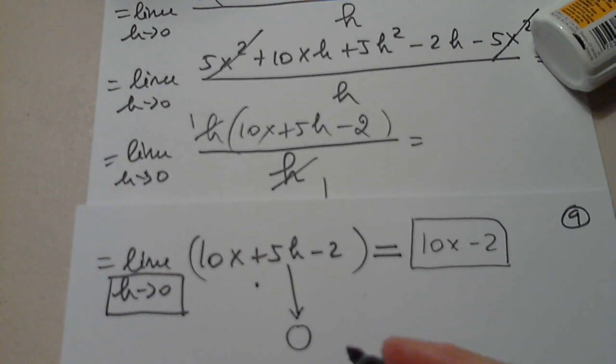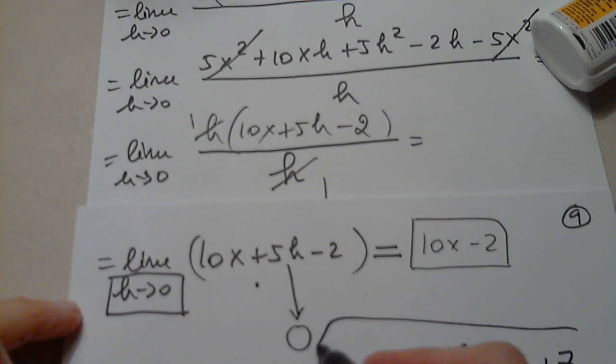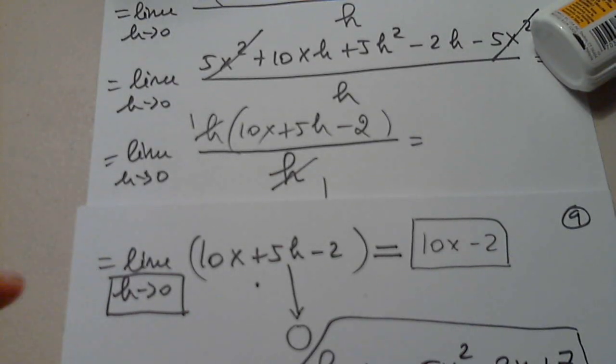So, remember what we found out, that for f of x, which is 5x squared minus 2x plus 7, can anyone dictate one more time what is the derivative of this function? So I can write it here so that I can put them together. Would it be 10x minus 2?